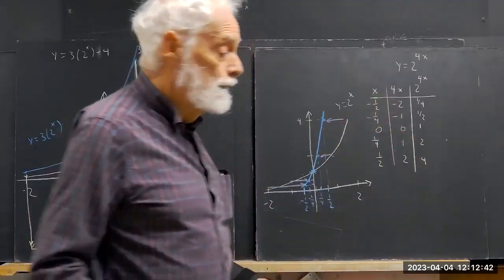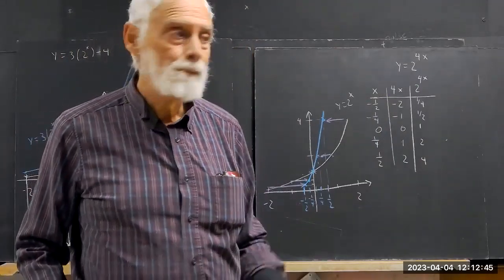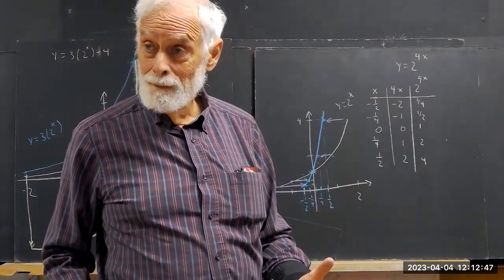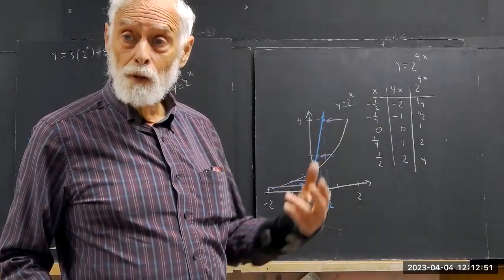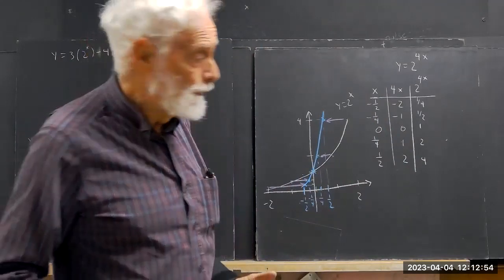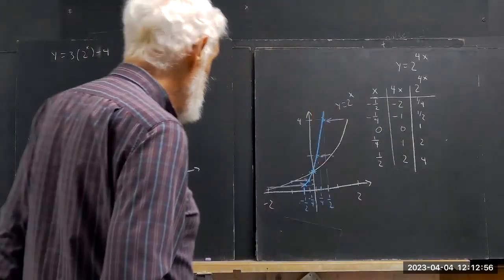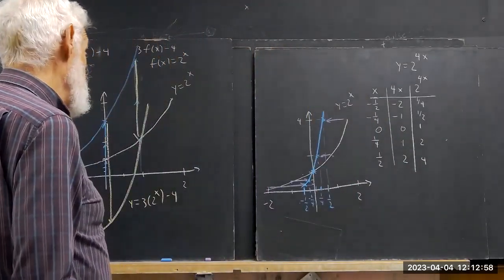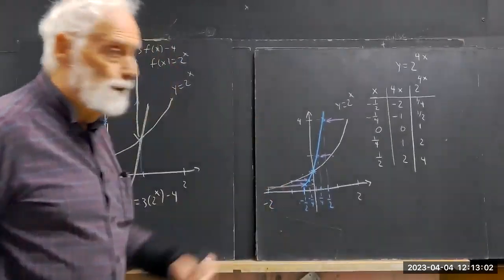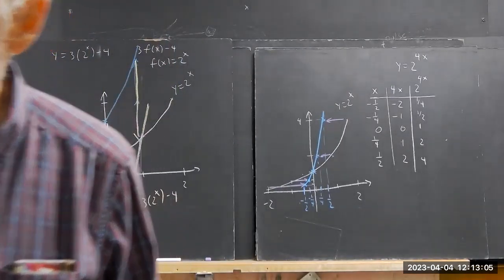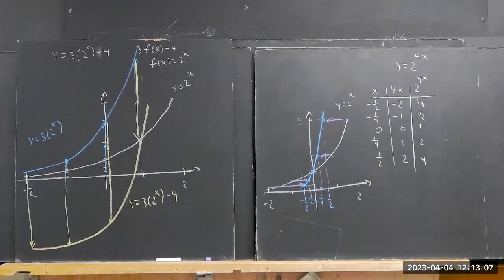Here, you need vertical stretches, vertical shifts, horizontal compressions. You can do everything. Okay. So that's something you just need to know about the graphs of exponential functions. That and what you already know about how to do vertical shifts and horizontal shifts and vertical stretches and all that stuff.